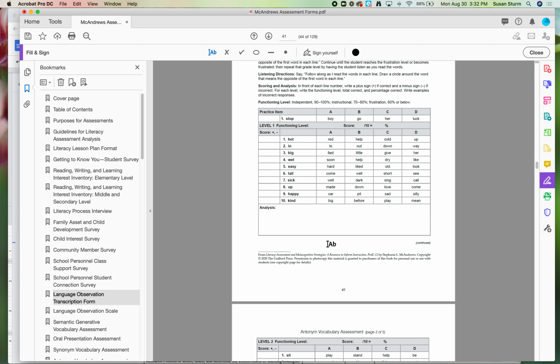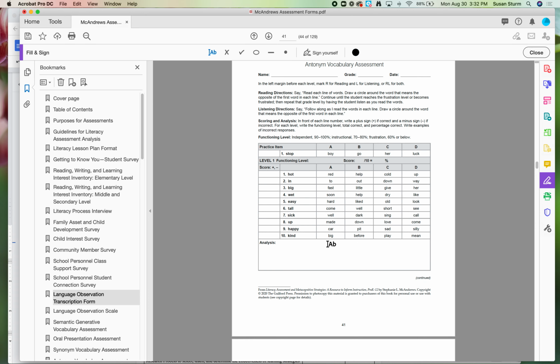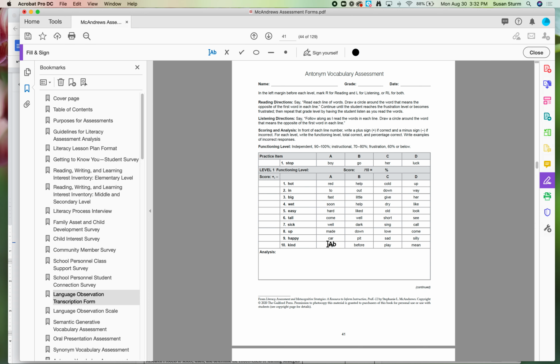Students will continue with each level until they score 60 or below. That level, where they score 60 or below, then gets re-administered as a listening assessment with a different colored marker or pen, and again continues going up and up and up until they get 60 or below on the listening. So it's a slightly different way of administering this assessment.